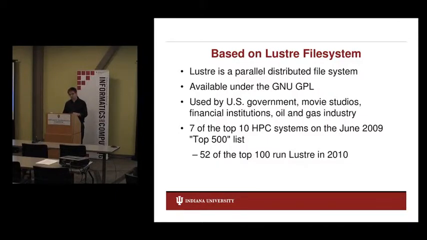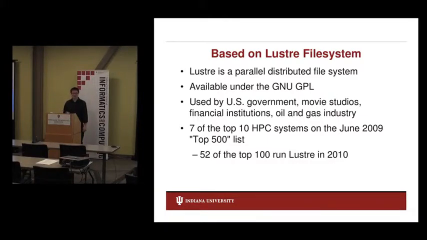It was developed with help from the US government to fit their needs. Also used by movie studios, financial institutions, the oil and gas industry. Anybody that you can think of that uses massive amounts of data probably uses Lustre. 7 of the top 10 HPC systems on the Top 500 list as of June 2009 used Lustre. And in 2010, 52 of the top 100.